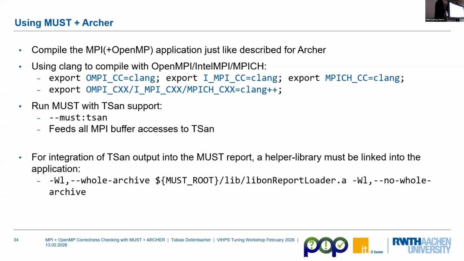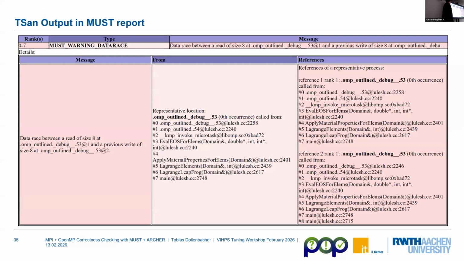You do all those kind of things, and then you get output like this, which also includes the thread sanitizer output that we saw earlier into your HTML report. So that combines both of these tools into one output, which is convenient to analyze.